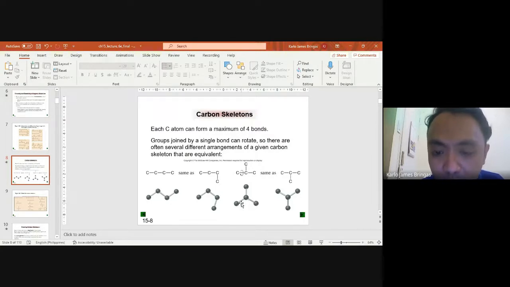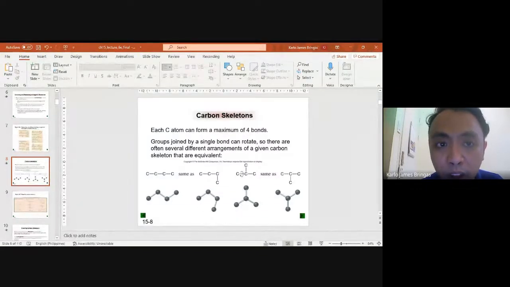Compared to this one, if you look at their similarity, both have four carbons. But in the third, you can see that this central carbon here has three carbons connected to it. Whereas here, in the first one, the connections of the atoms are only single or double connections. So this one here is not the same as the third one right over here.